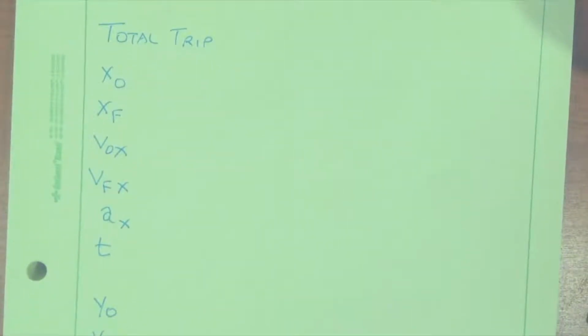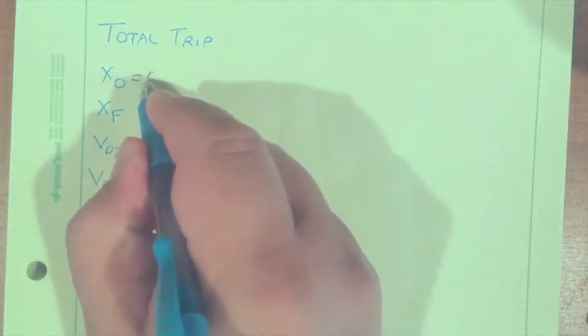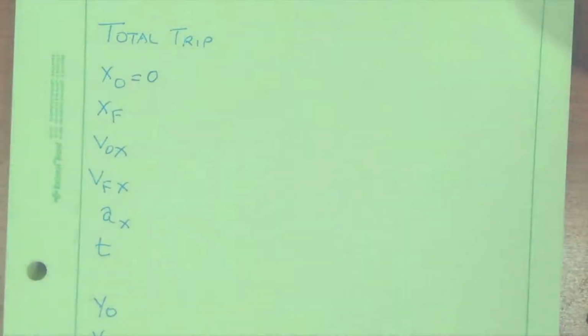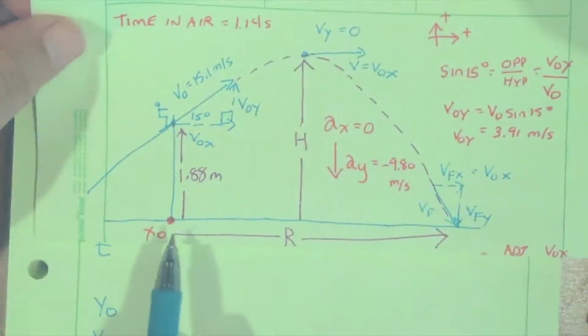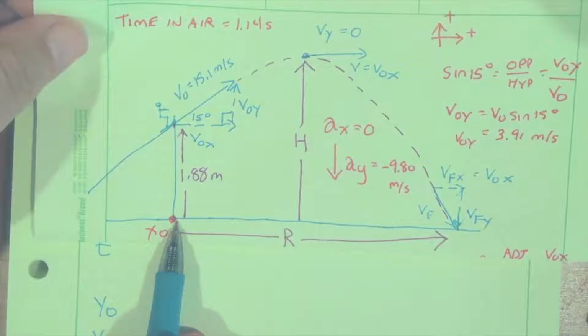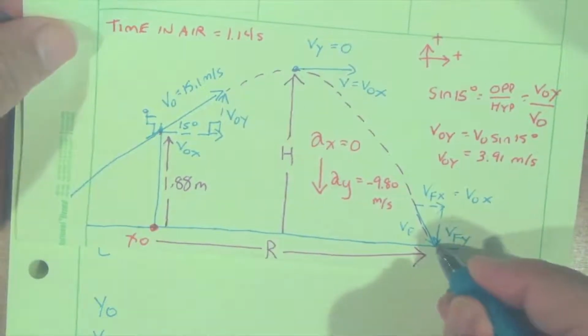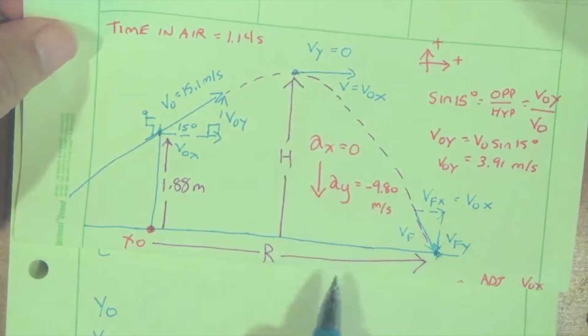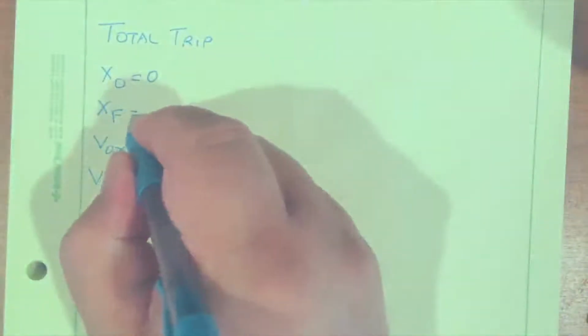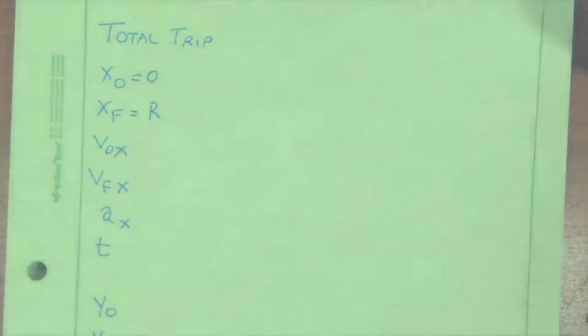Write these variables for the horizontal motion. We start with an initial x position of 0, in other words, here at the base of the ramp. And then our final x position right here will be at the range r, which is what we want.